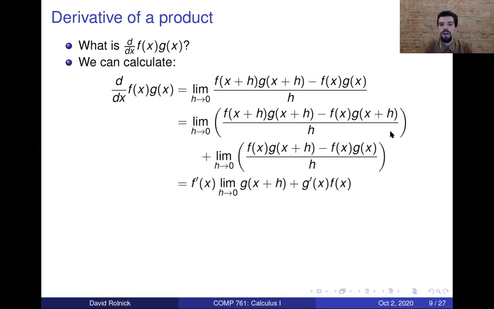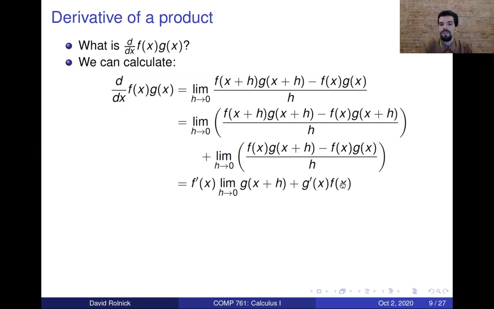Yeah, so the first part is, we can just pull out the g of x plus h, and we have the limit of g of x plus h times f of x plus h minus f of x over h. So that's f prime of x, the derivative of f, times this. And then likewise, this is just the derivative of g times f.